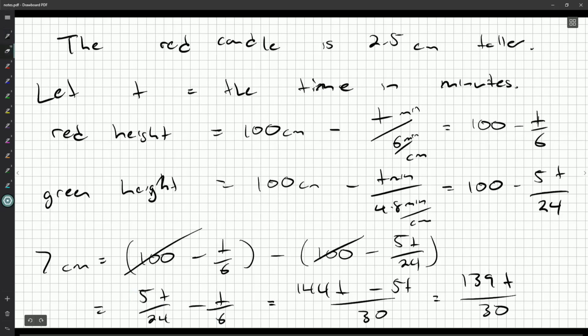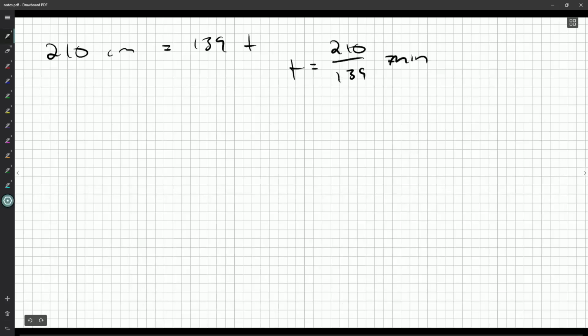Because now I can make everything over 24. So 5T minus 4T over 24, multiply both sides by 24. So we'll have 7 times 24, or 168, because that's the number of hours in a week.